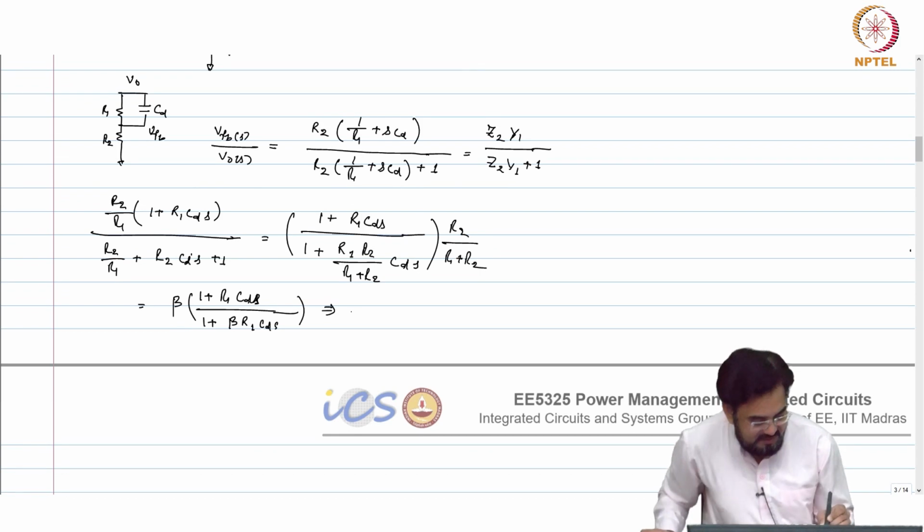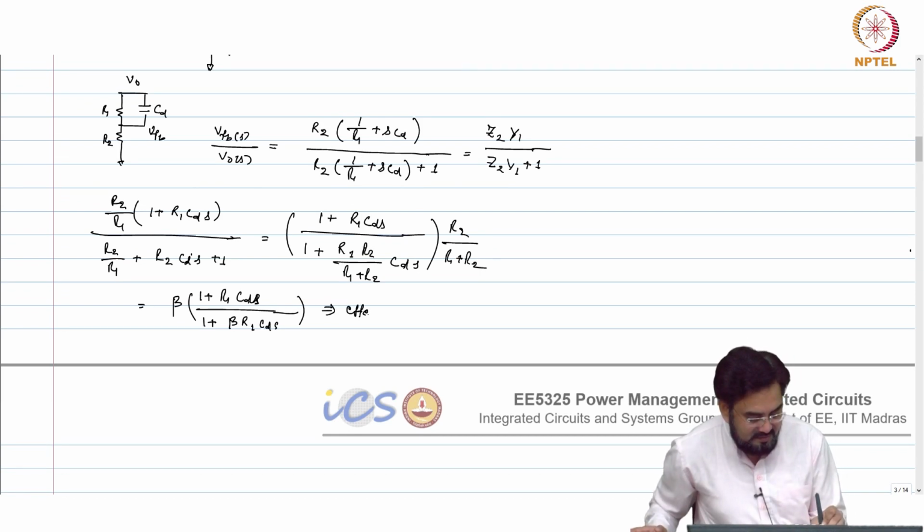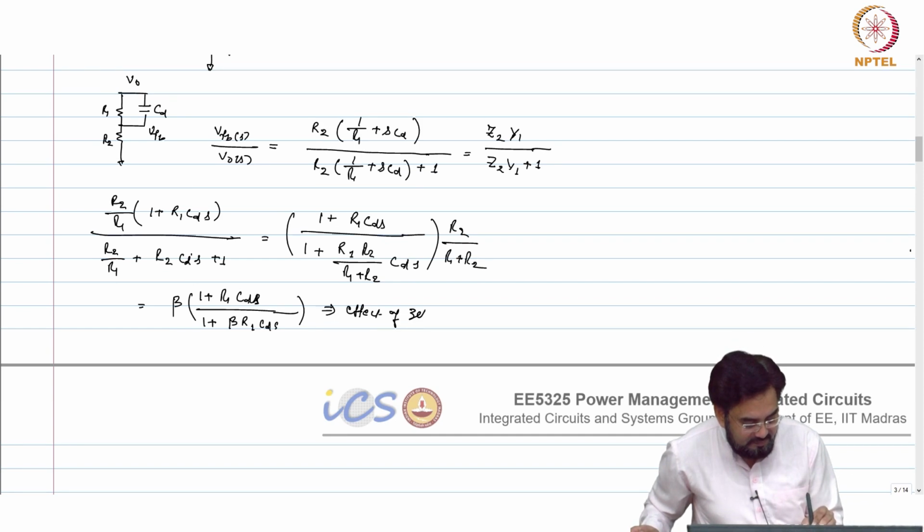So which means the effect of 0 is cancelled out due to pole.